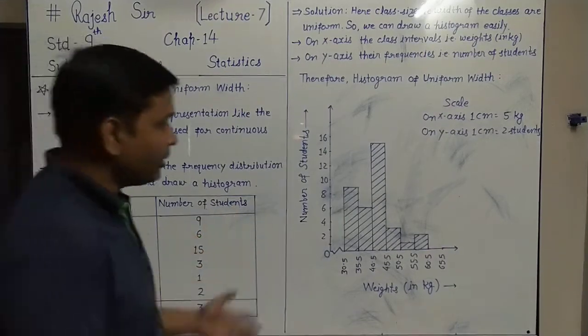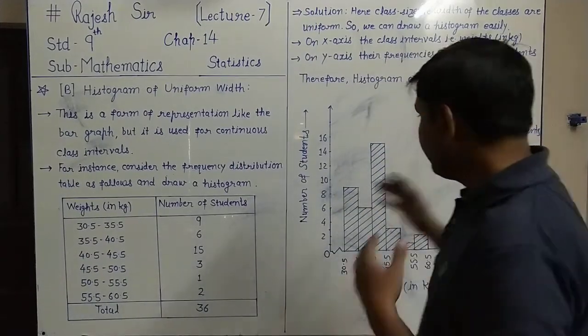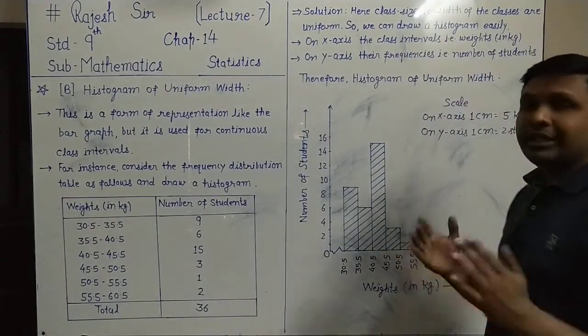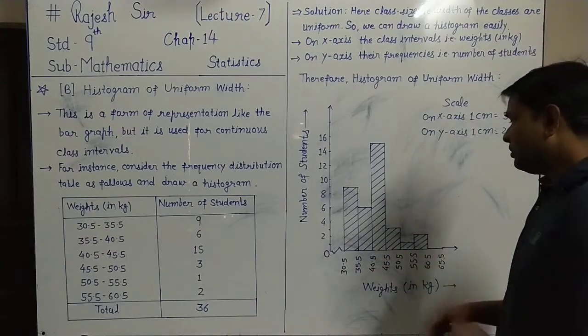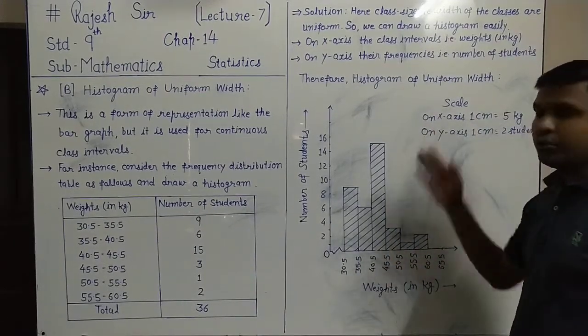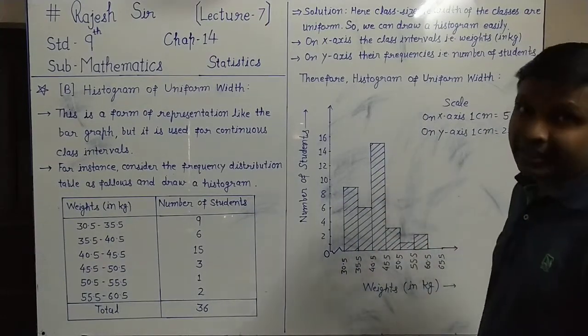So very simply we can draw the histogram as we are drawing the bar graph. Similarly we have to go, but don't leave the space between the two rectangles because no option will be there because it is continuous data. So we have to show the bars this way only. And these all bars are all here, the rectangle.